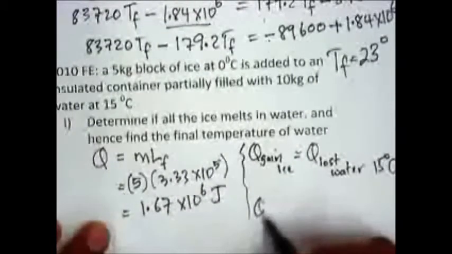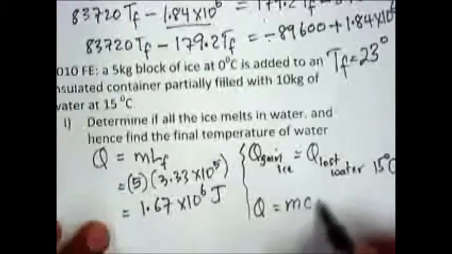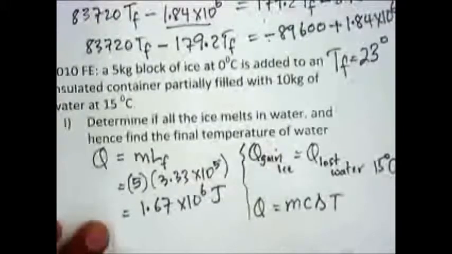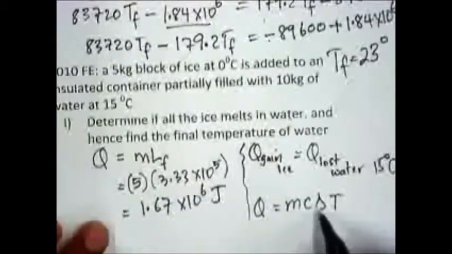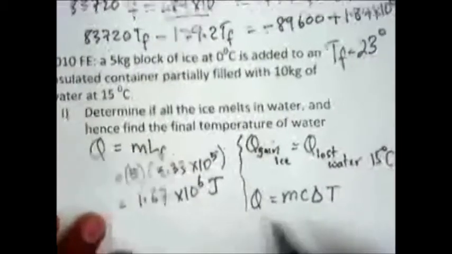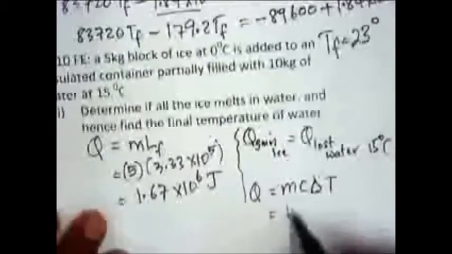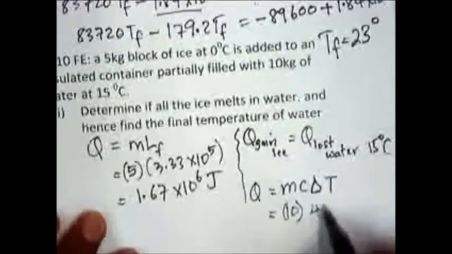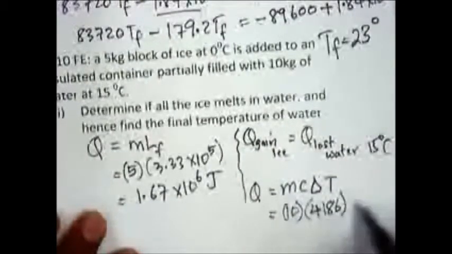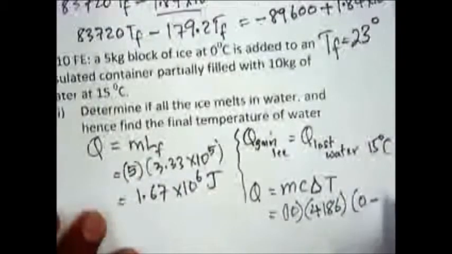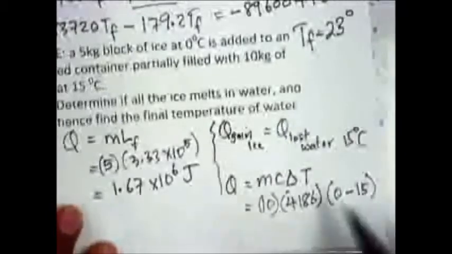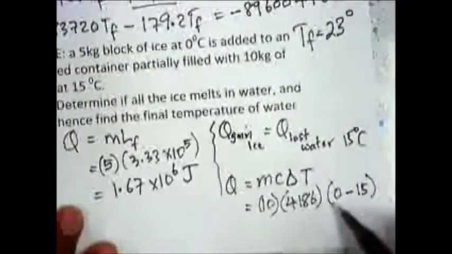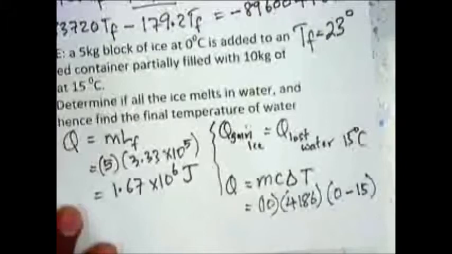So the amount of Q is equal to mcΔT for the water. The mass of water is 10 kg, specific heat of water is 4186, and change in temperature is 0 minus 15. Remember, it will be 0 minus 15 because 0 will be the final temperature of the water and 15 is the initial temperature of the water.